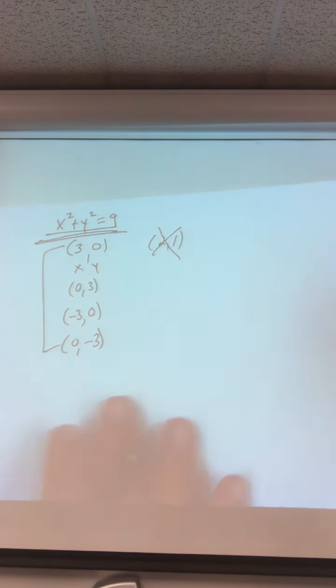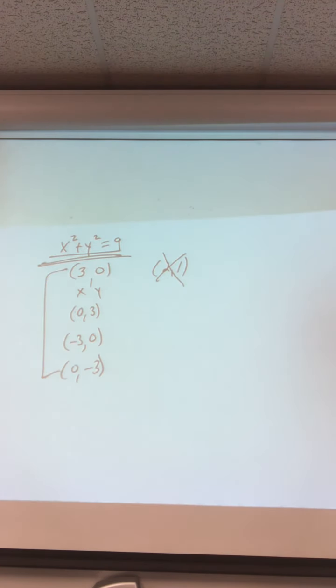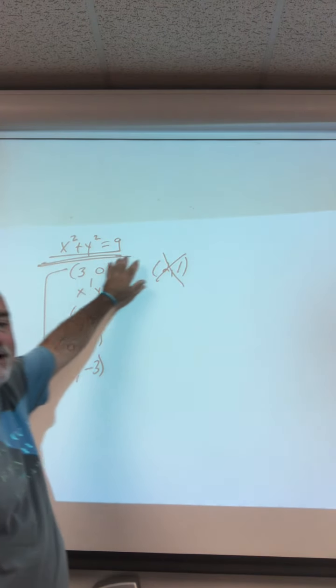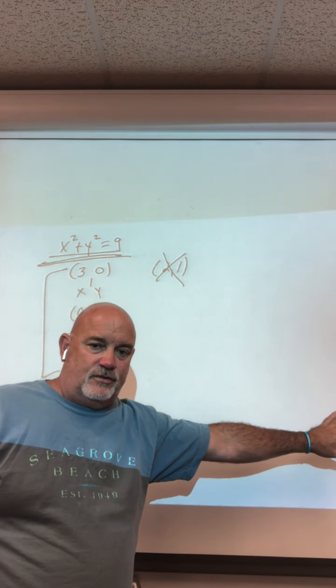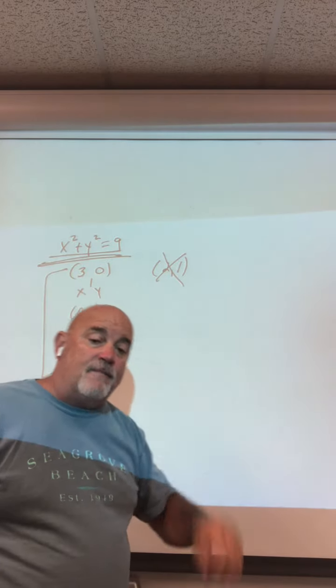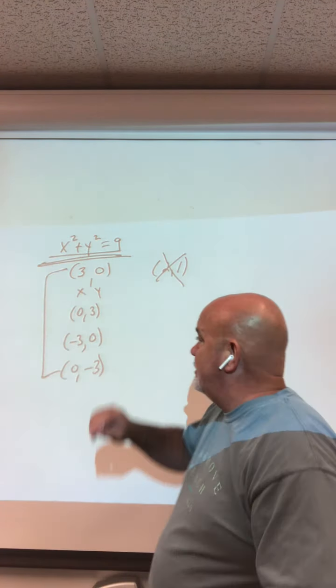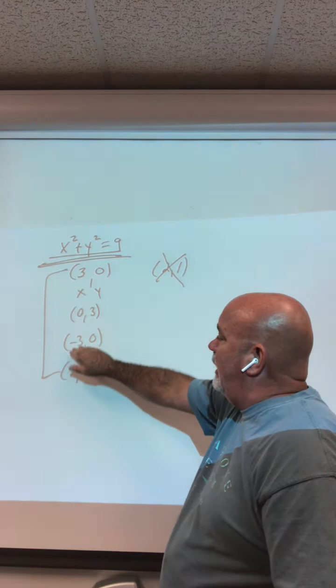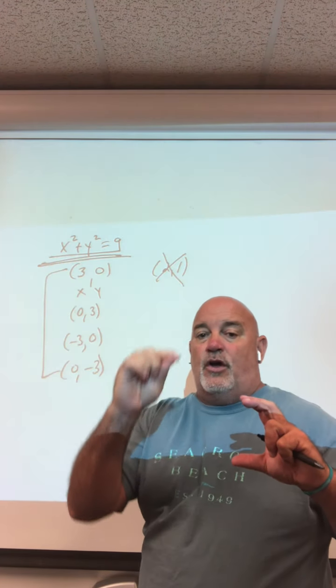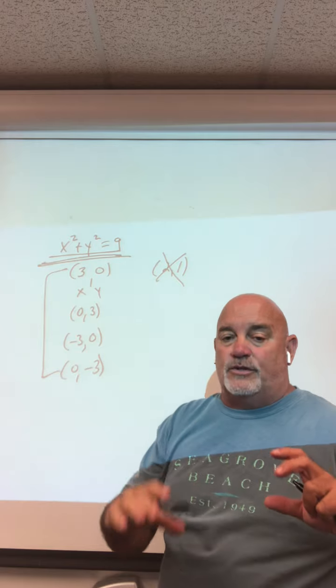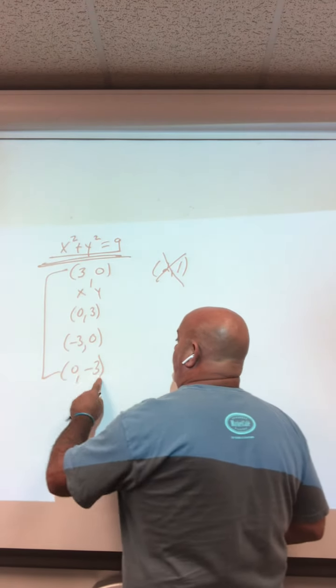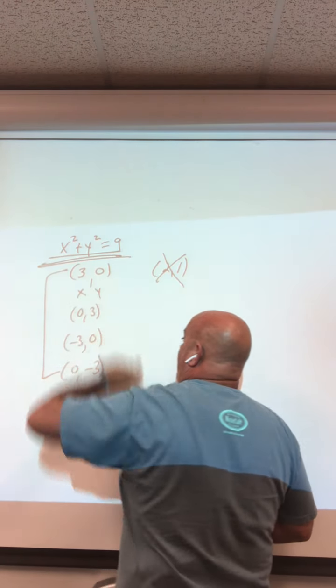Now, let me say 2 things about this before I move on. This problem has millions of other answers. But it turns out, never mind why right now, these are the only 4 ordered pairs where both numbers are whole numbers. These are the only whole number ordered pairs that work.